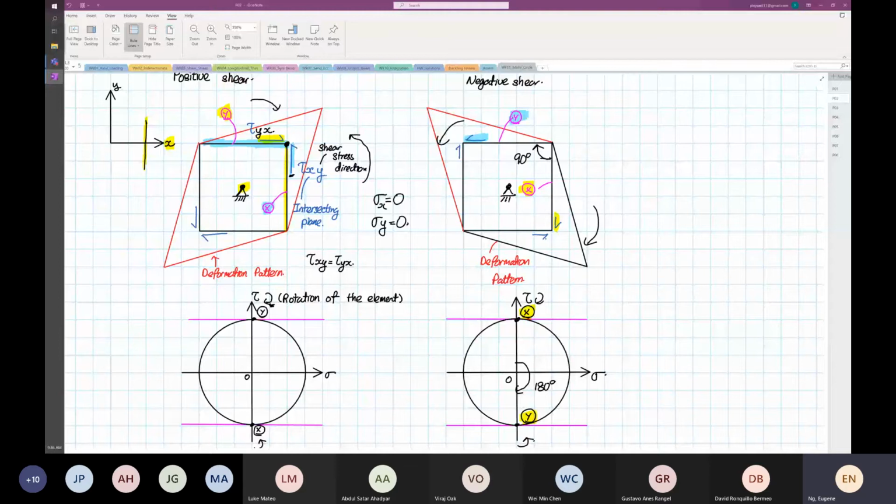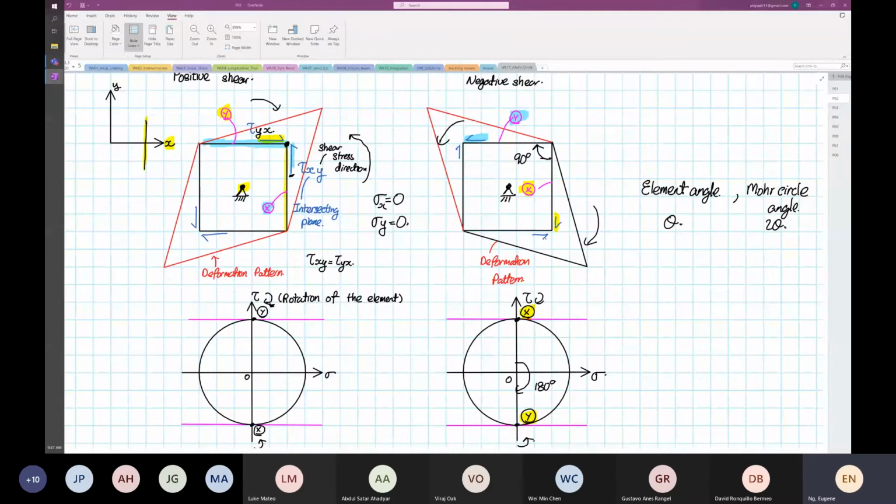So this says something. What did it say? If on the element the angle is theta, on the Mohr circle the angle is 2 theta. You just saw that for yourself. This is the way I'm showing it.